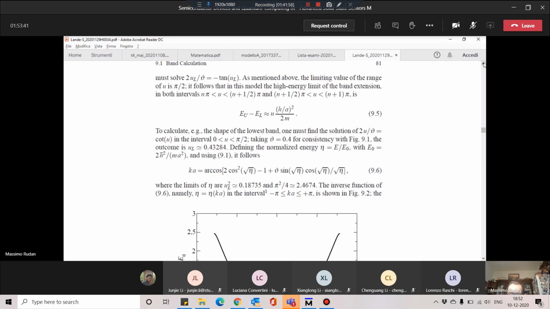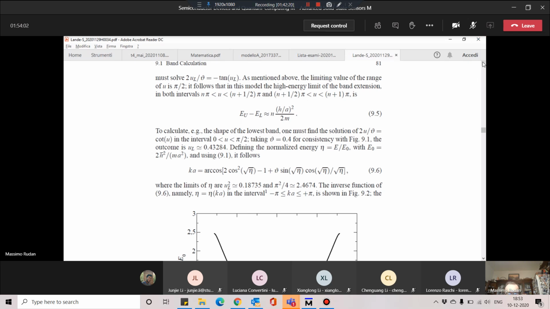We can calculate the second derivative, and then by some manipulation we extract the effective mass of the particle that is subjected to this E of K relation.